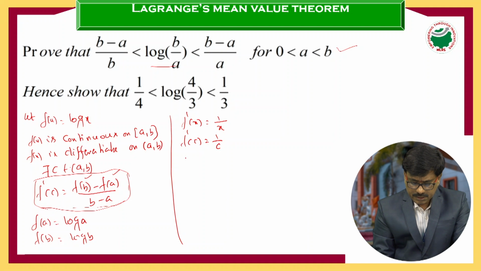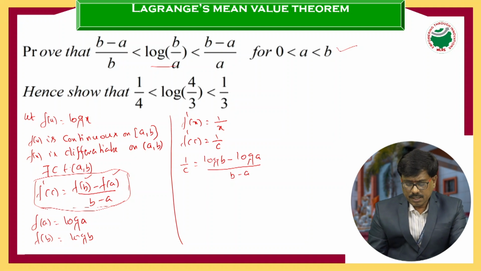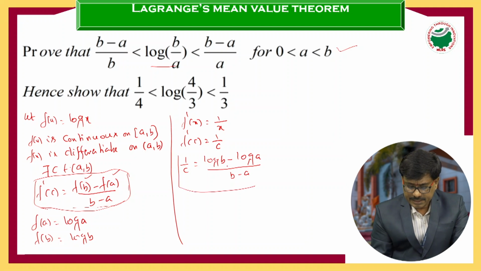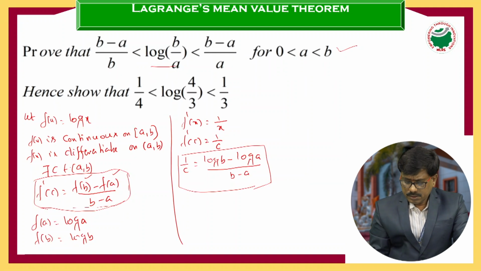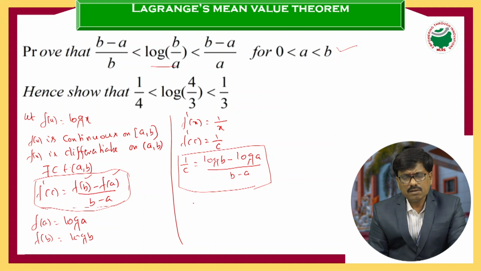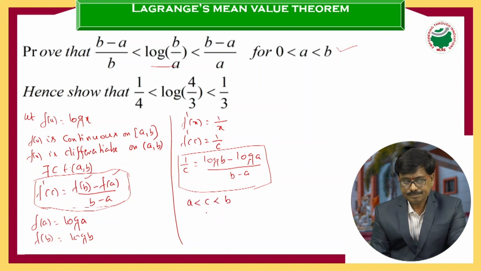What is f dash of c? 1 by c is equal to f of b, log b, minus f of a, log a, divided by b minus a. This is the f dash of c value we calculated, and the c value always lies between a and b, that is, a less than c less than b.